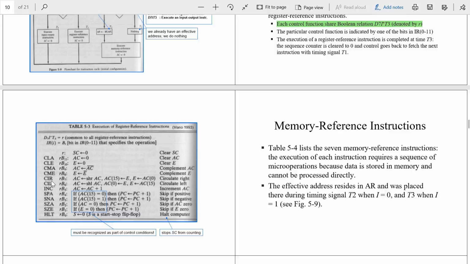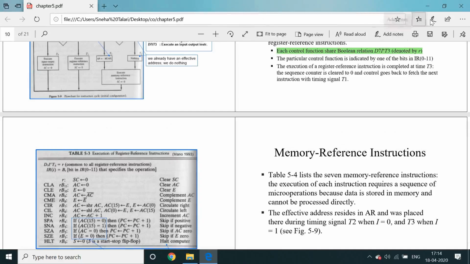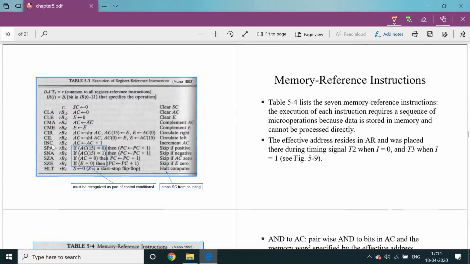Circulate right. For understanding purposes, we are going to look at this operation a little. Circulate right involves the AC register and the E bit, the accumulator and E bit.